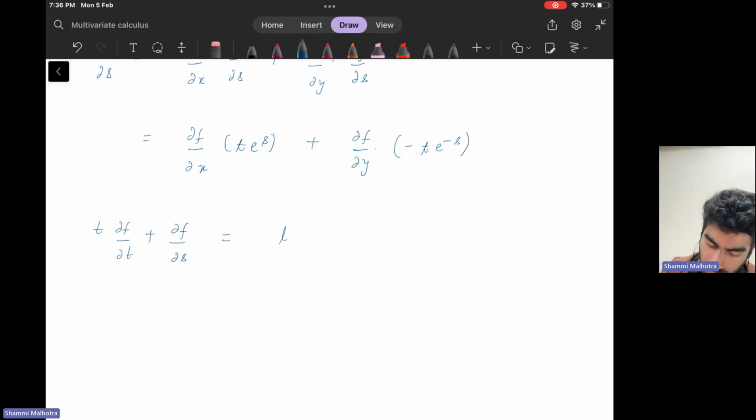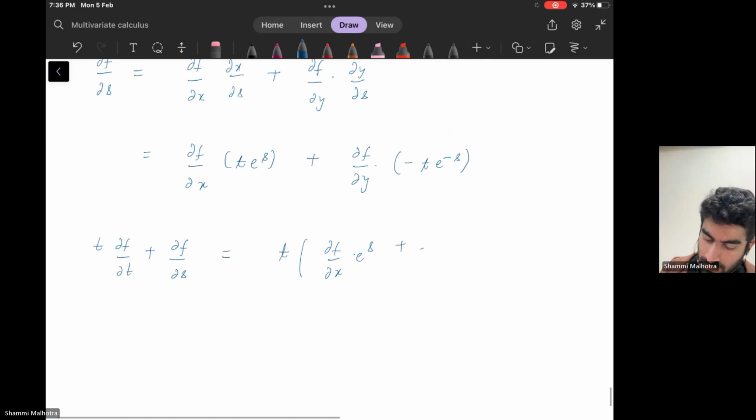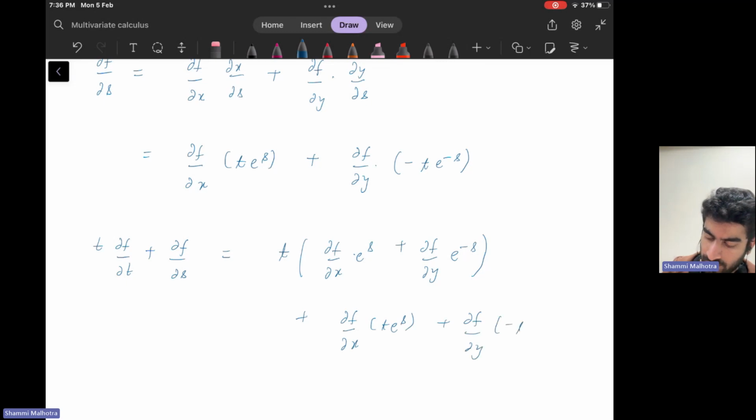So it will be t times del f by del x e raised to power of s plus del f by del y e raised to power of minus s, minus del f by del x t times e raised to power of s plus del f by del y times minus t times e raised to power minus s.